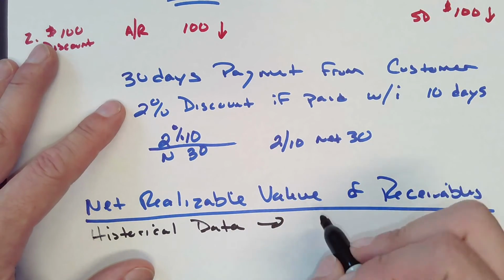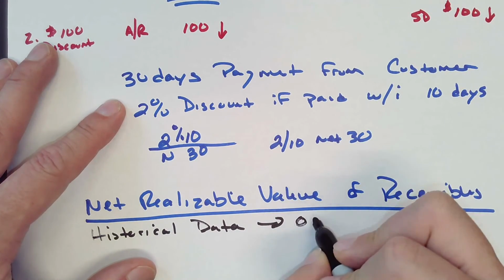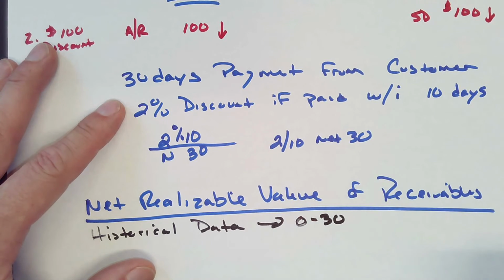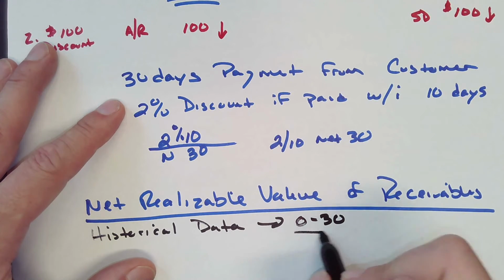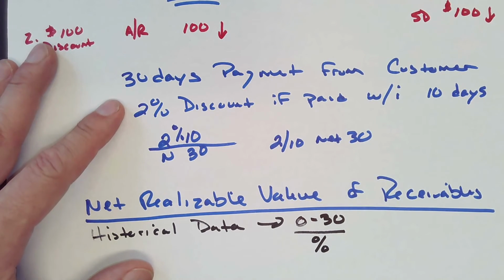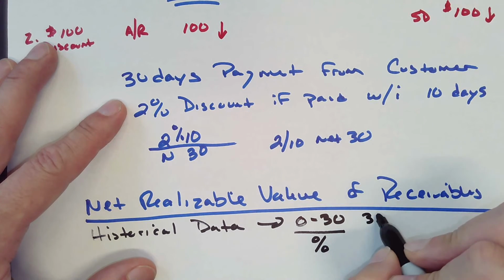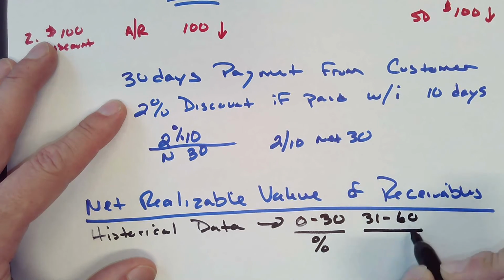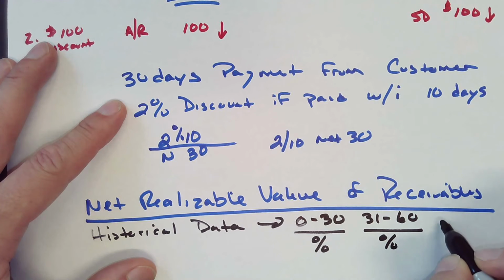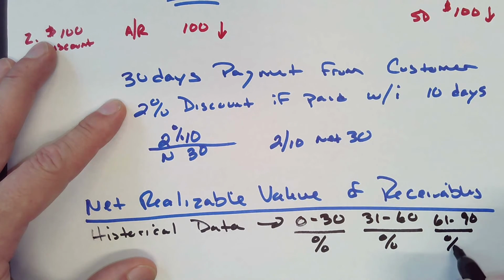So we look at historical data that for 0 to 30 days, so we just sent it to them within 30 days, there's a certain percentage that might not get collected. 31 to 60, it's a different percentage. 61 to 90, a different percentage, and then greater than 90, a different percentage, right?